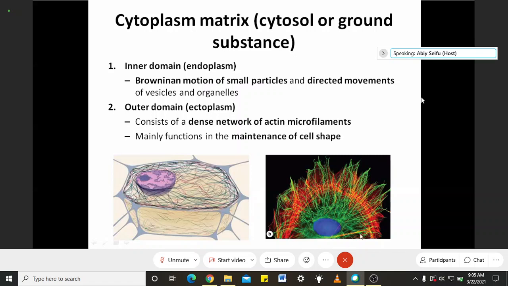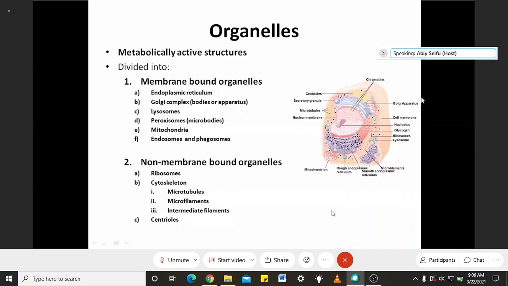These are mainly for maintenance of the cell shape, movements of the cell, and support. So that's the general outline of the interior of the cell, which could be divided into an outer region and an inner region. Many of the organelles we are going to speak about in the subsequent slides are found mainly in the inner region of the cell.